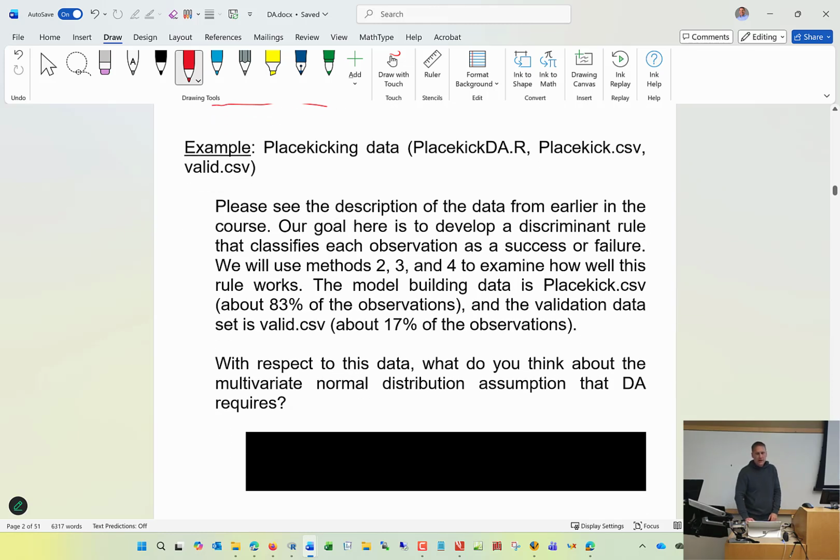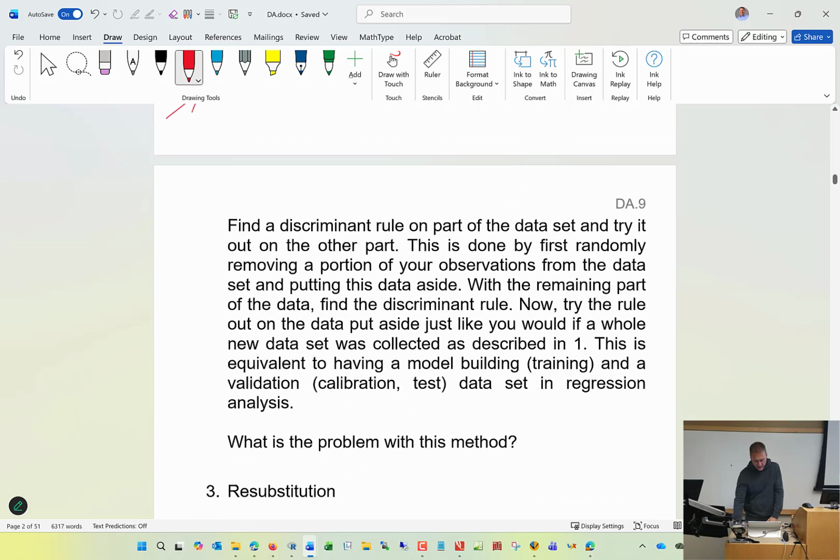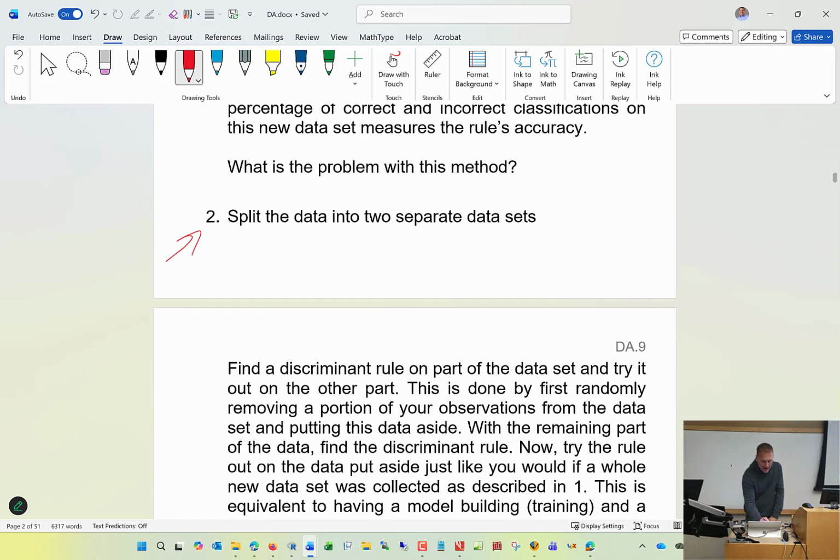Okay. So now let's go back to the place kicking data set and try some of this stuff out. With the place kicking example, I actually collected the data myself. I actually, at the very beginning, split the data into 2 different parts.